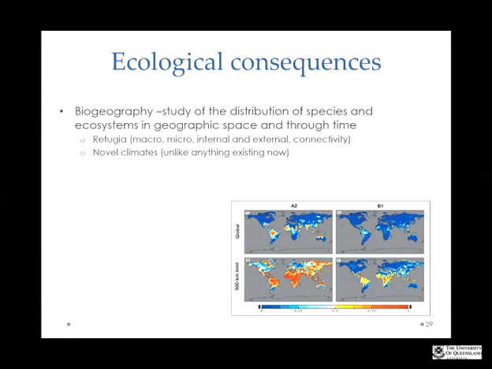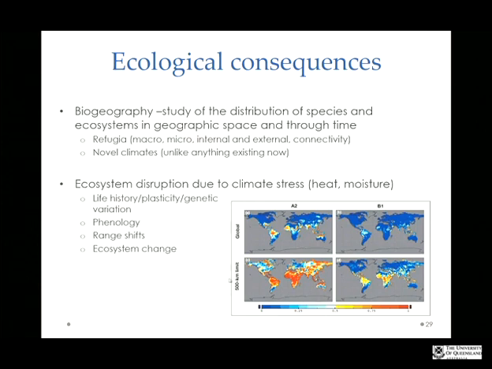And the bottom ones were novel climates within 500 kilometres, allowing for the fact that it'll take a species quite a long time to move 500 kilometres, and therefore beyond that they probably won't be able to move anyway. And so you can see that if you look at that side of it, under an extreme scenario, pretty much most of the Earth becomes a novel climate for species, and so they may be able to adapt, they may be able to move, but the likelihood is that a fair number of them can't do that.